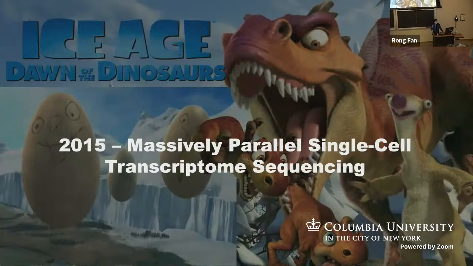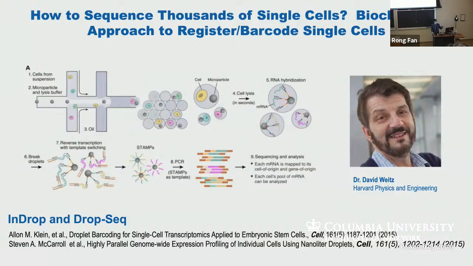Back in 2011, in my laboratory, I also started to work on single cell transcriptome sequencing, but it was not until 2015 that two papers were published back to back to show you can molecular barcode the transcripts from the same cell, pool the cDNA together to do the sequencing, and computationally reconstruct the single cell gene expression. Then you finally achieve extremely high throughput, massively parallel single cell transcriptome profiling.